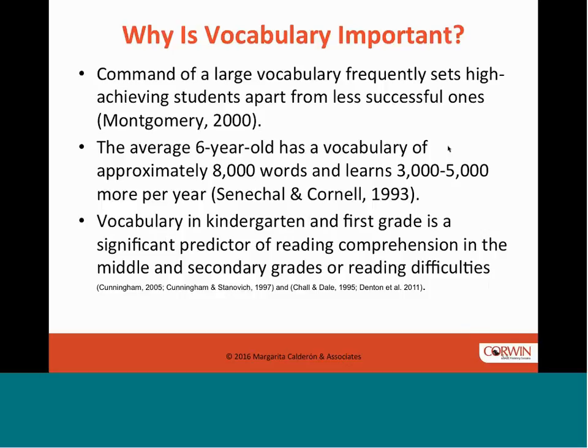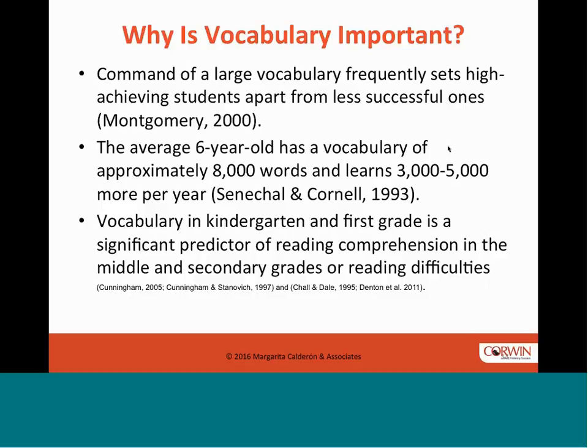So why vocabulary? Why is vocabulary so important? Well, we know that a command of a large vocabulary bank frequently sets high-achieving students apart from less successful ones. And we also know that the average 6-year-old has a vocabulary of about 8,000 words and learns 3,000 to 5,000 words more per year.